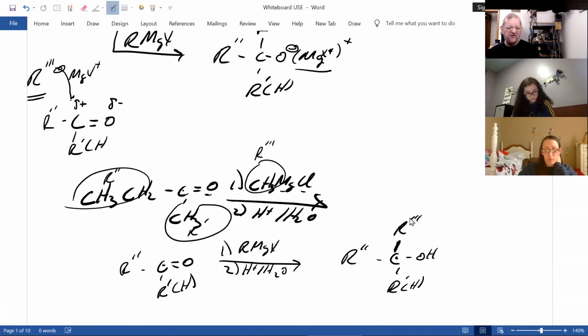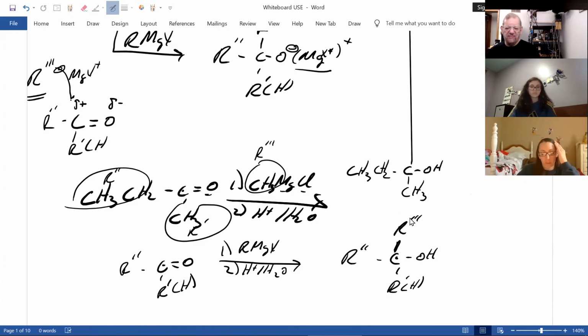So what's attached to this carbon is still attached. My R prime methyl, my R double prime ethyl. I get my alcohol. And what's my R group? Methyl. And you've made a tertiary alcohol, which could be useful in many things.